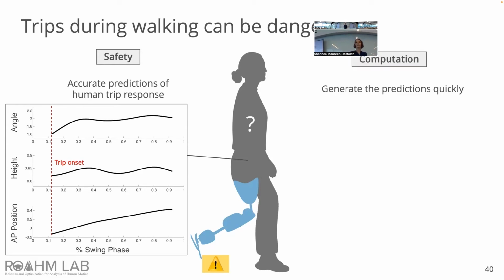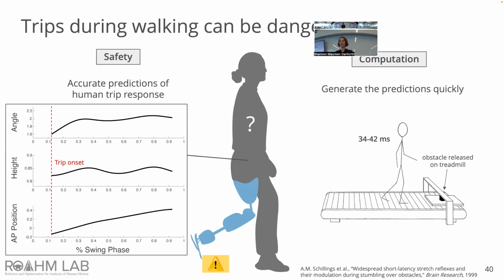We also need to generate these predictions quickly because studies have shown that when tripped, the human reflex response time is on the order of 30 milliseconds. And so if we want the robot to be able to react to the trip with the human, we want to generate these predictions before the human starts reacting.